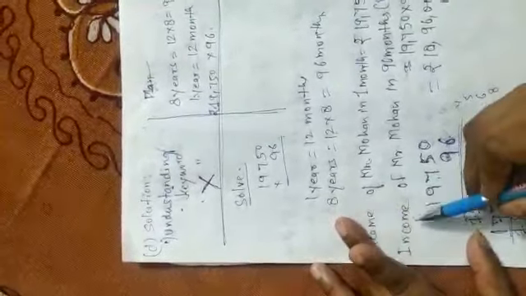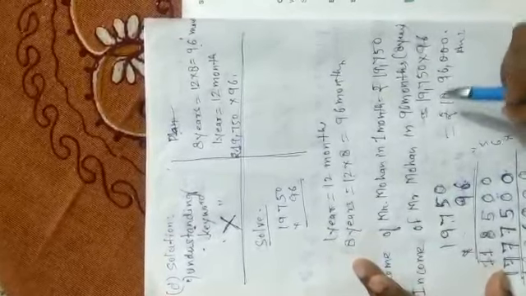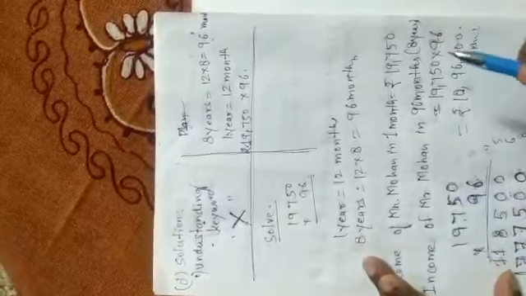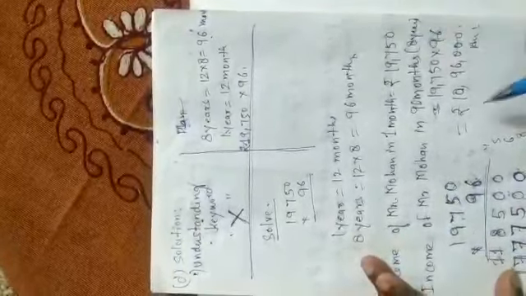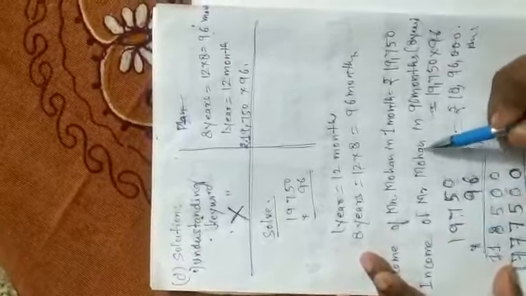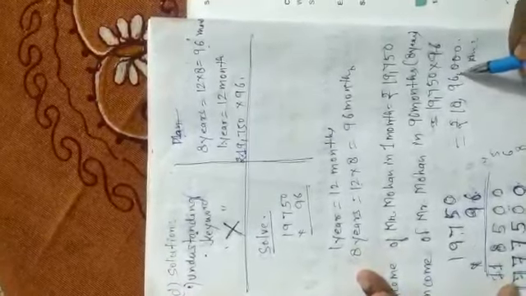So here the solution is 18,96,000. So in 96 months, the income of Mr. Mohan, not in 1 month, that is in 8 years, is 18,96,000.